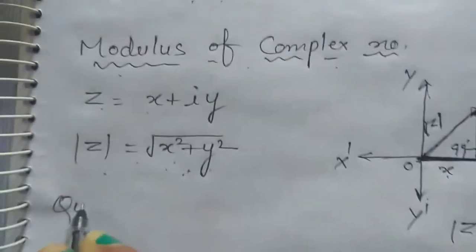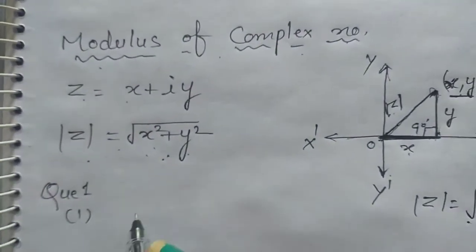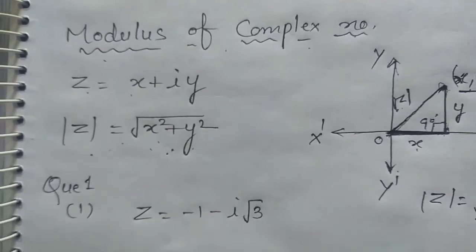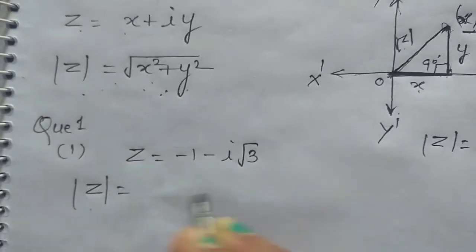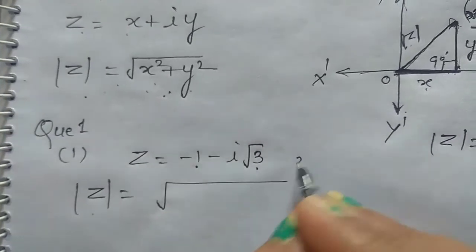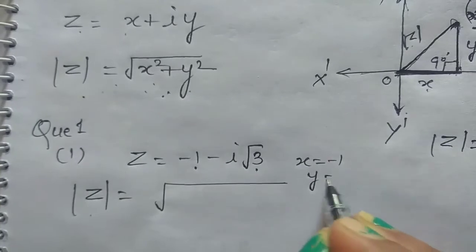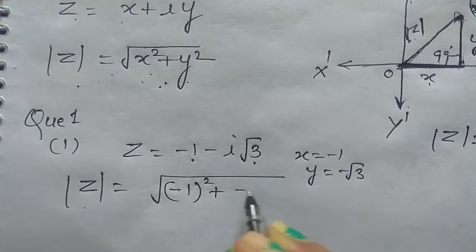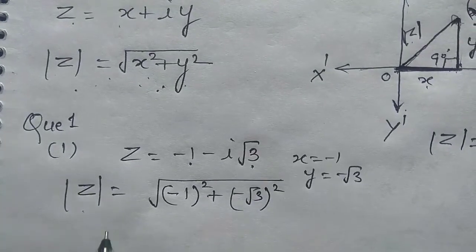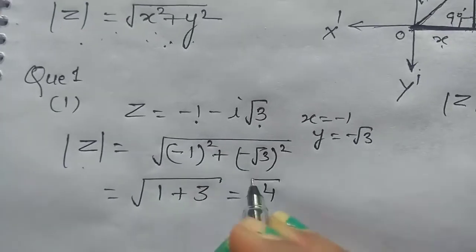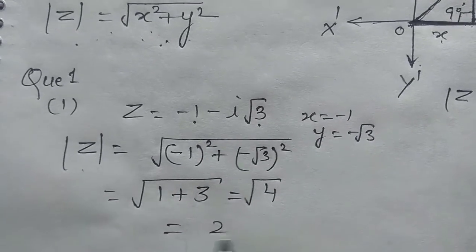So in question number 1, first part, z is equal to minus 1 minus iota root 3. If I want to find the modulus of z, this is x, this is y. x is minus 1, y is minus root 3. So the square root of (minus 1) whole square plus (minus root 3) whole square is the square root of 1 plus 3, which means the square root of 4. The square root of 4 is 2.